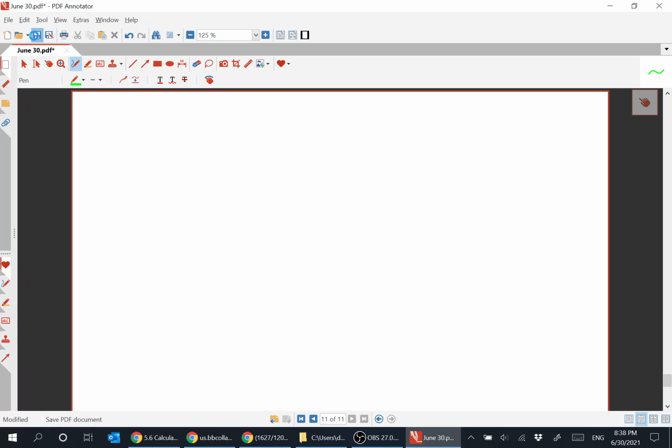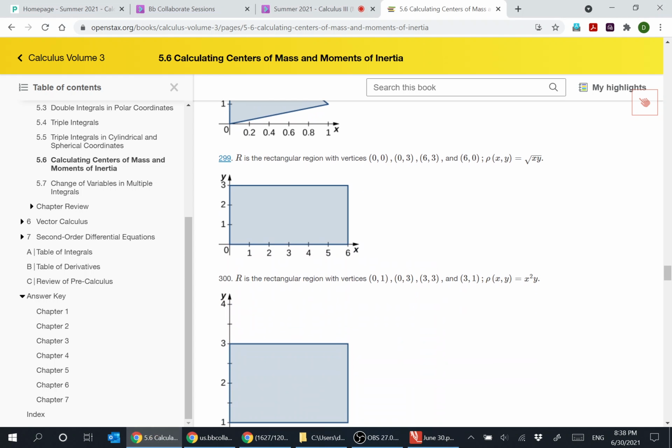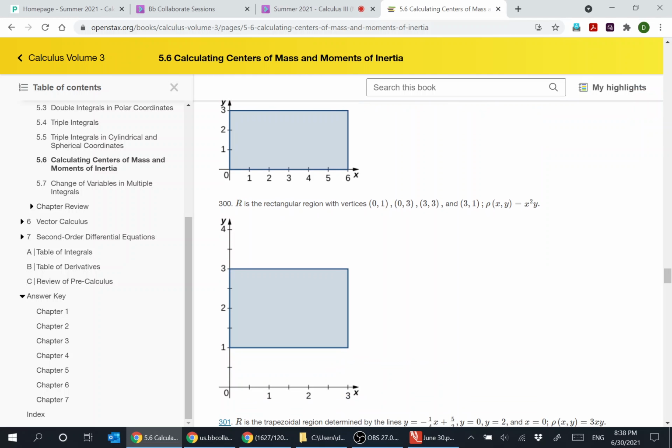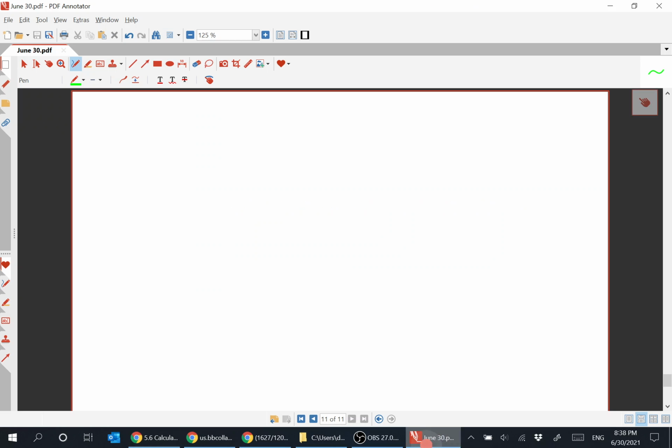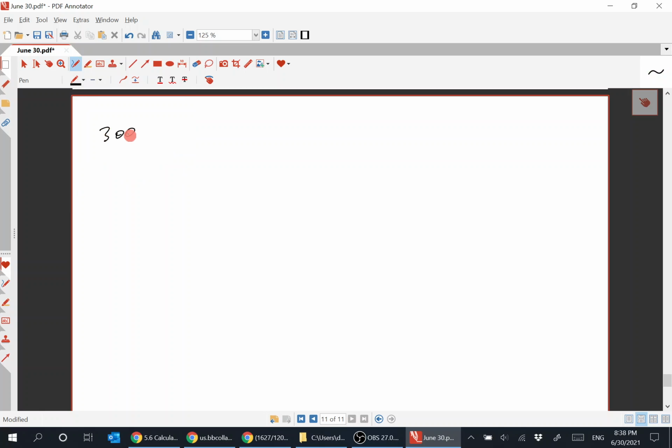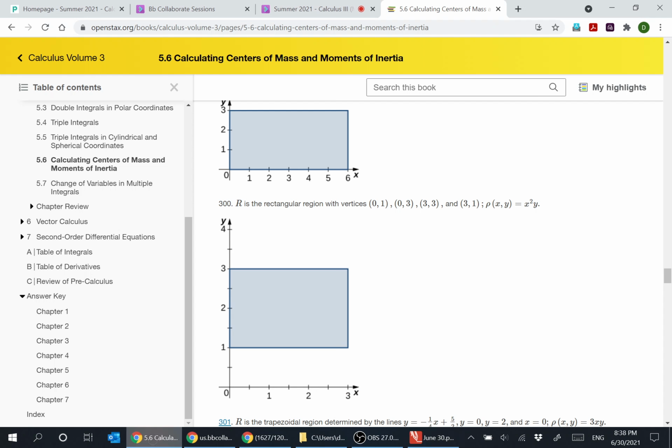Let's take a look at number, say, 300. Okay, so we got something a little more doable here. Number 300 is enough like practice for the exam.